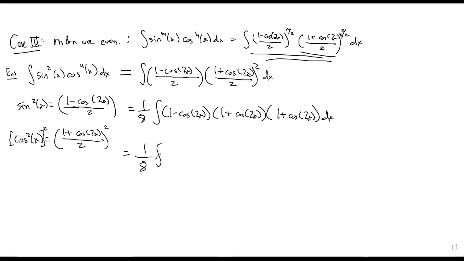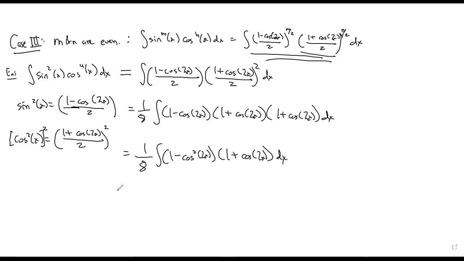And when you do all of this multiplication out, this is the difference of squares here. So you end up with 1 minus cosine squared 2x, times 1 plus cosine 2x.